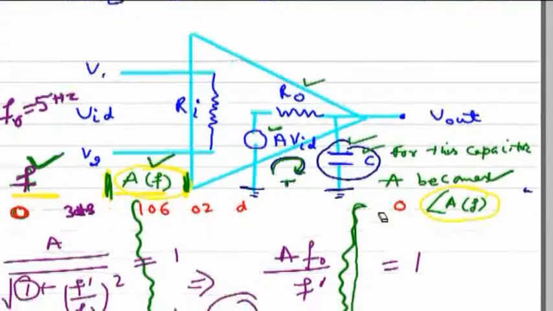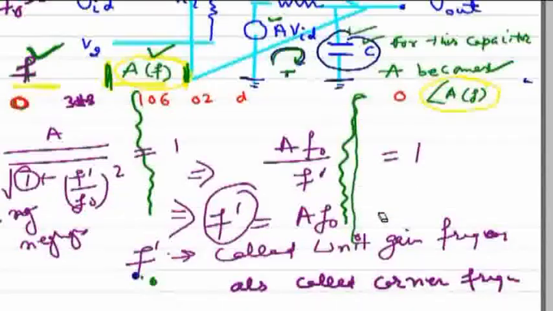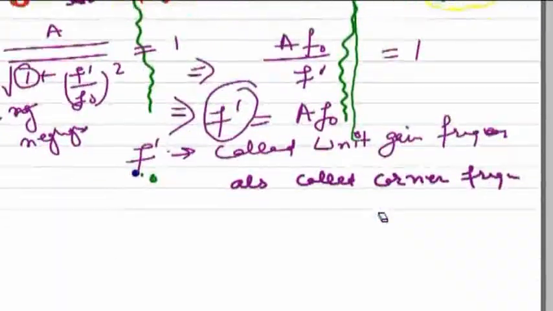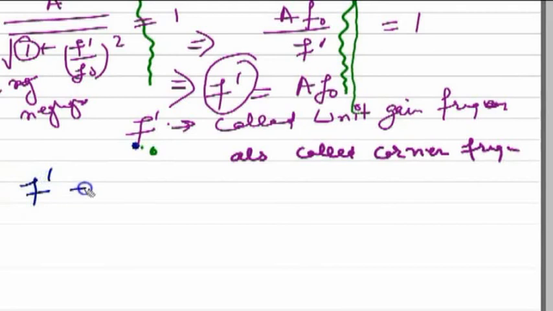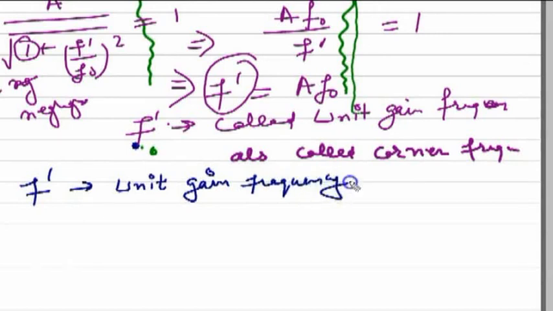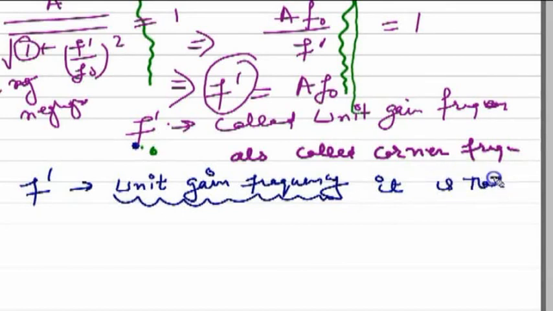So this is the unit gain frequency, and F dash is equal to A into F naught. Now we are writing the definition here.